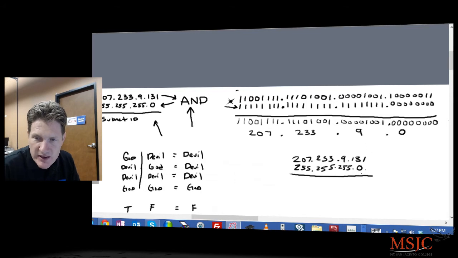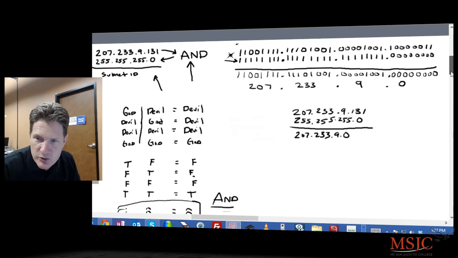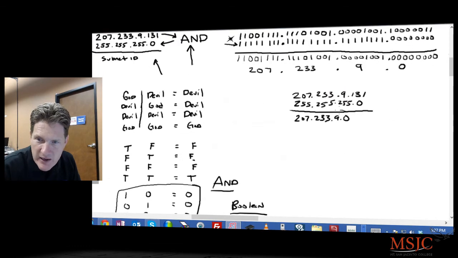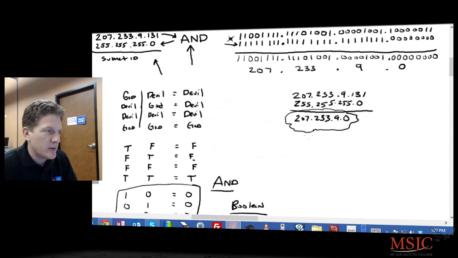When you take this and you AND it with that mask, you are on the subnet 207.233.9.0. The router would then look inside its routing table, find this 9.0 address, right? And determine where to send the IP packet. All right, that's your basic primer on ANDing. That's how ANDing works. Every IP address gets ANDed with the mask to produce the subnet ID.